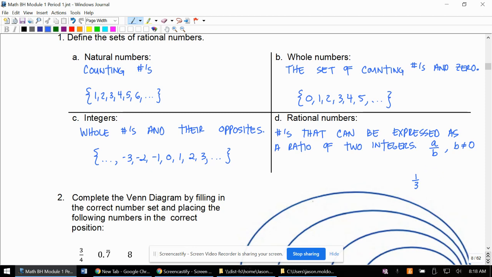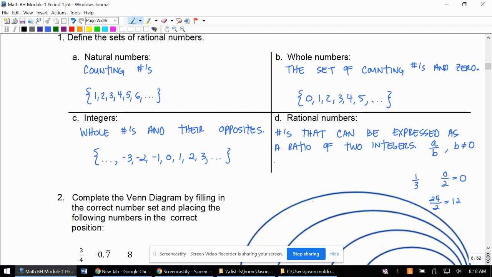It's also an integer and a whole number. So 0 over 2. So the denominator can't be 0, but the numerator can be 0. So this actually simplifies down to 0. If we had 24 over 2, that would be one way to express 12 as a ratio of two integers. We could have also chosen 12 over 1.